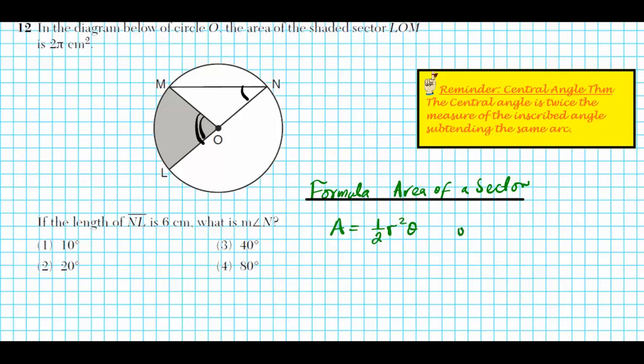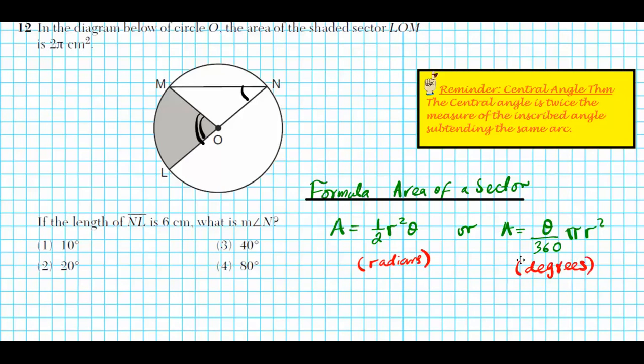And in degree format, it's theta over 360 times pi r squared, the whole area of the circle. So this is radian format, and this is degree format.